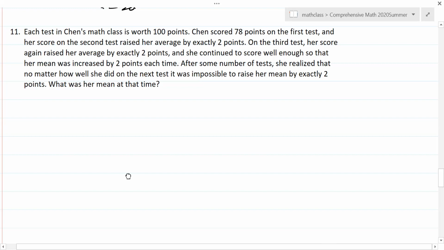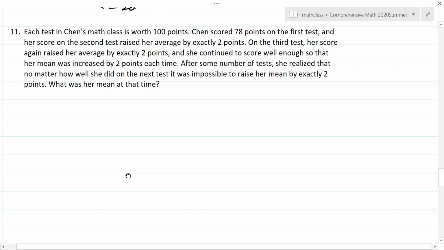After some number of tests, she realized that no matter how well she did on the next test, it was impossible to raise her mean by exactly 2 points. What was her mean at that time?